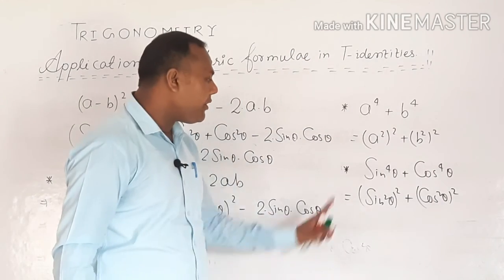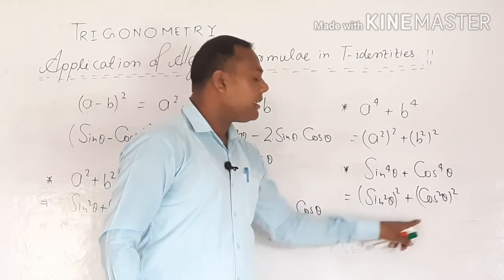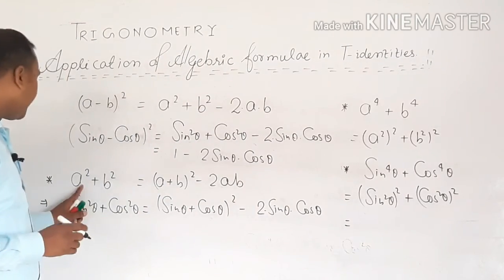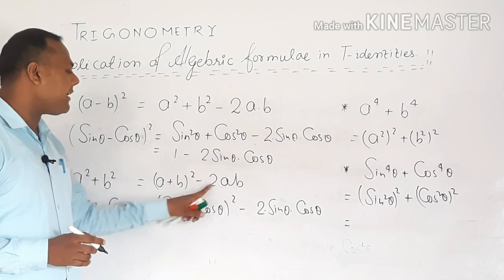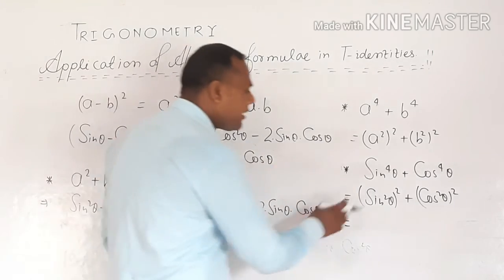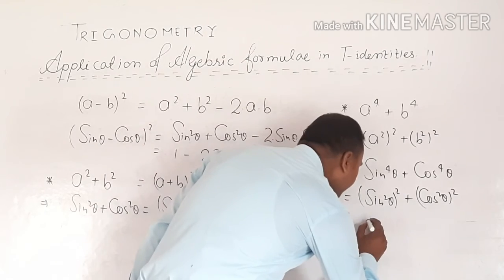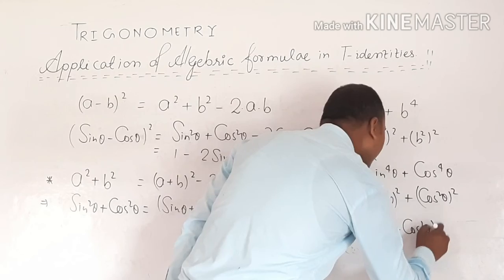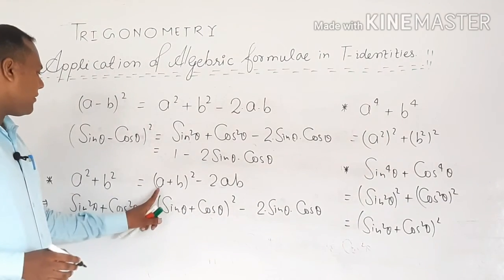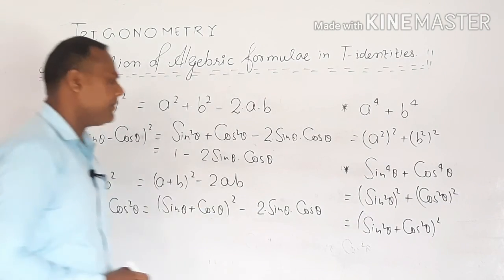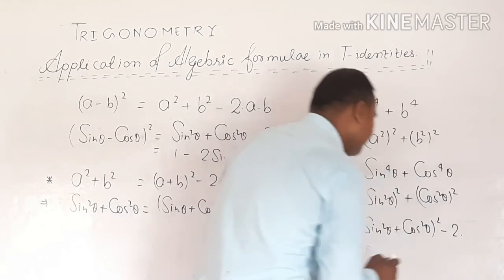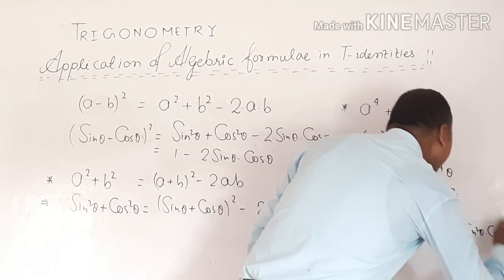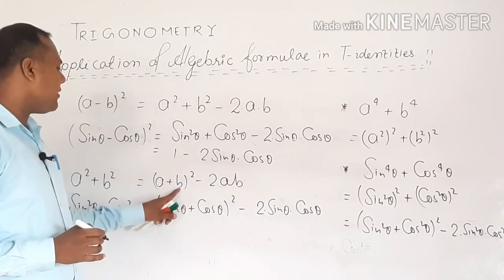But we can also break it in another form, as we already studied, a square plus b square means a plus b the whole square minus twice of ab. So we can arrange it as sine square theta plus cos square of theta the whole square minus twice of sine square of theta into cos square of theta.